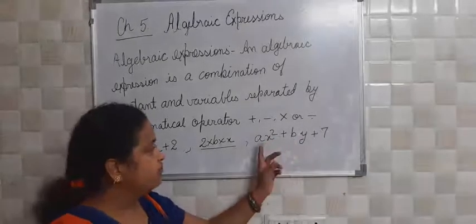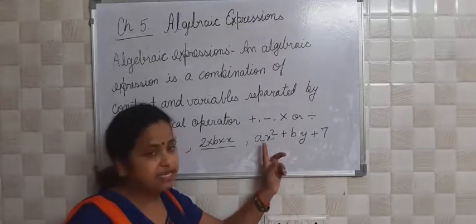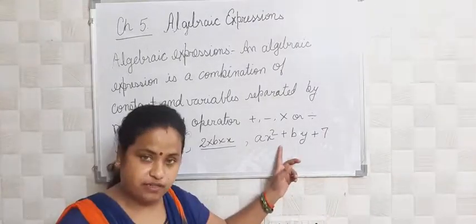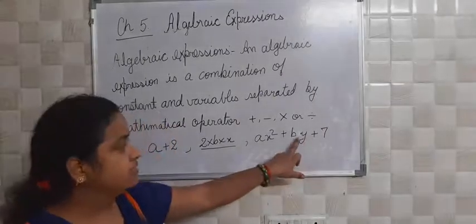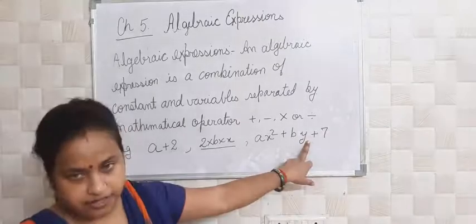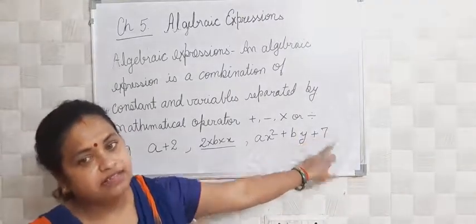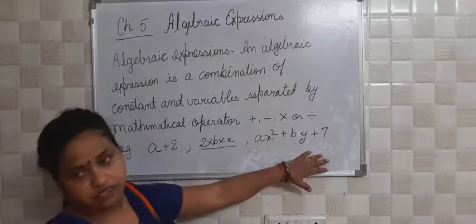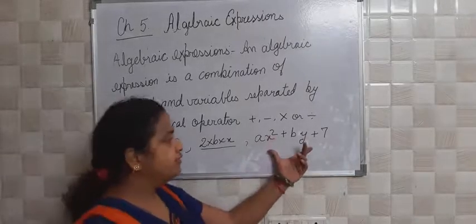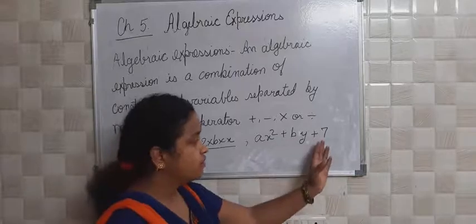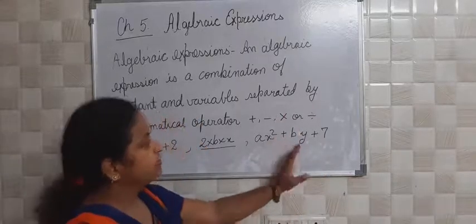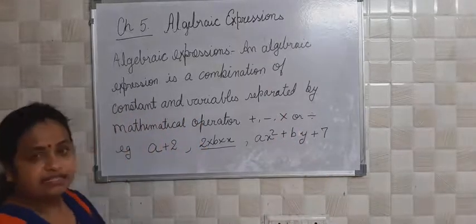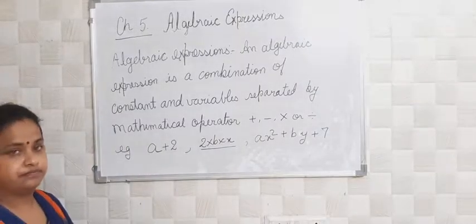So if you see, ax square means a multiplied by x square. bxy means b multiplied by x and y. Then plus 7 means 7 is added to this particular expression. So all together this constant plus variable is said to be an algebraic expression.